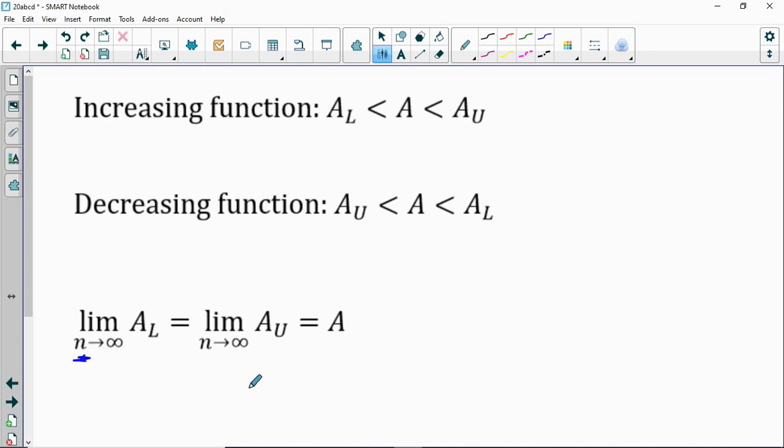As the number of rectangles tends towards infinity, the lower area and the upper area are going to equal the actual area. The other way we could have spoken about this would be to say it's the limit as, say, w tends to 0, where w is the width of each of those rectangles. That's equivalent to saying that the number of rectangles is tending towards infinity.